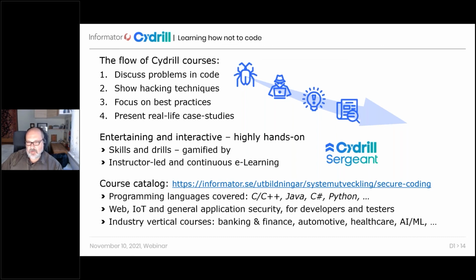You can see the URL here, but you can just Google for Informator and you will find their secure coding courses in C++, but also Java, C#, Python, and many other programming languages and platforms. You also have certain vertical courses like banking and finance, automotive, healthcare, machine learning.